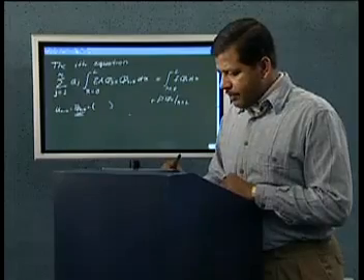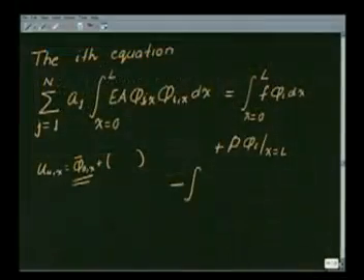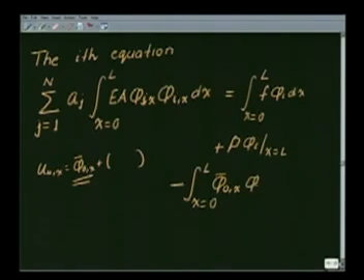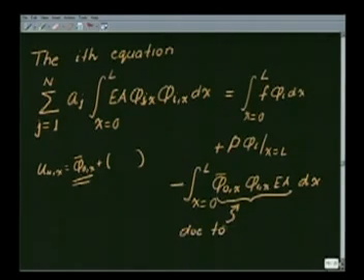So we'll get minus integral x equal to 0 to L of phi 0 bar comma x into phi i comma x into ea dx. This part is coming from the known function phi 0 bar, which satisfies the given boundary condition.